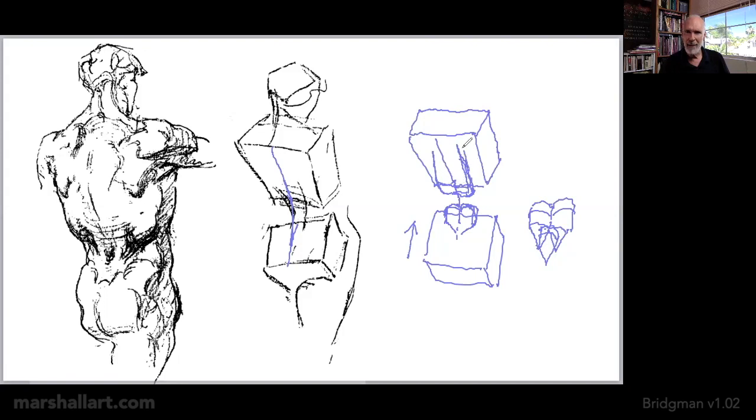Now I know that's crudely drawn, but it does make the point that we've got exaggerated synthetic forms that represent one muscle or another inserting itself into these body parts.